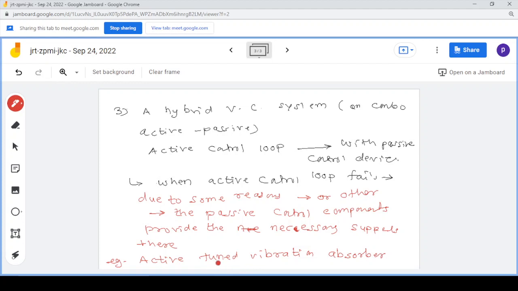So with the help of this active tuned vibration control, we can use the hybrid vibration control technique. So we will discuss now what is this ATVA, active tuned vibration absorber.